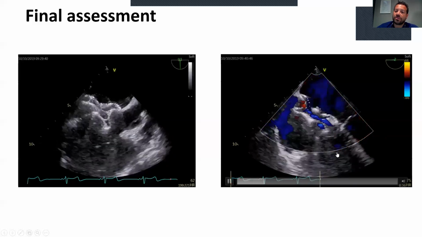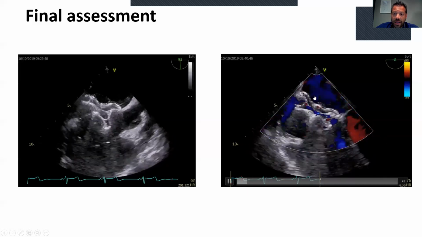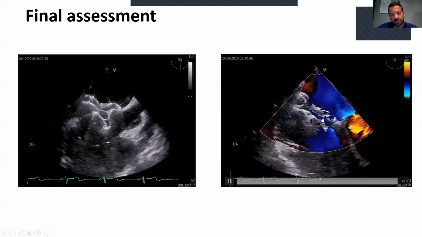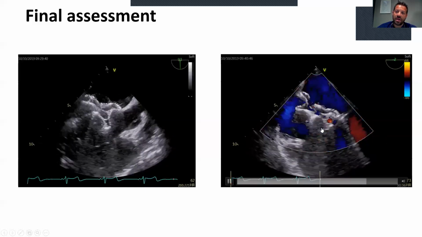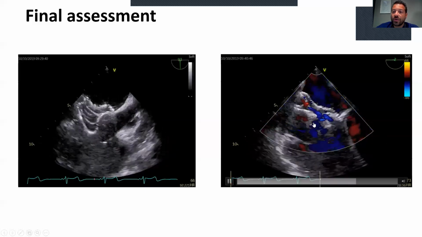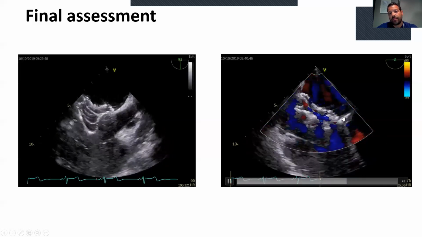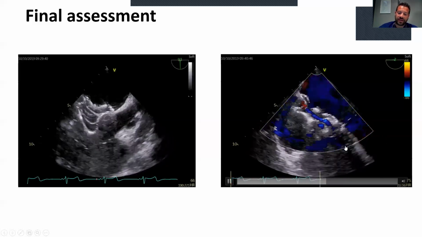We put a color Doppler in order to check for residual shunt. You can see through the device there is a bit of flow, but we don't care about this flow because after 3 or 6 months there will be endothelialization and this flow will go away. We don't want to have flow from both sides at the edge of the device.